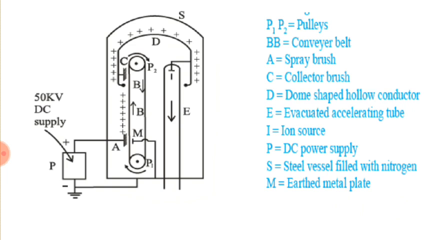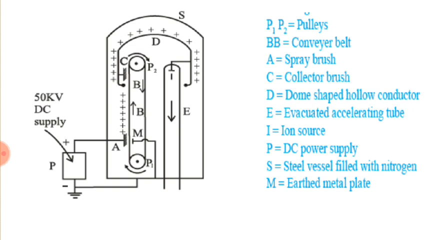What you can see over here is two pulleys. These two pulleys have a belt over them, which may be of rubber or silk, moving continuously due to a motor connected to it.